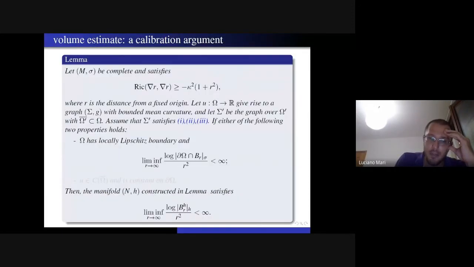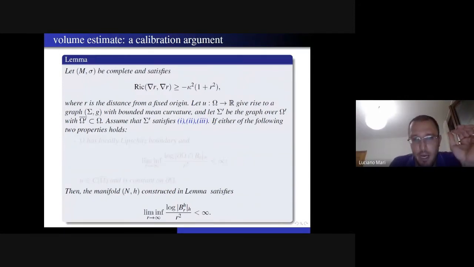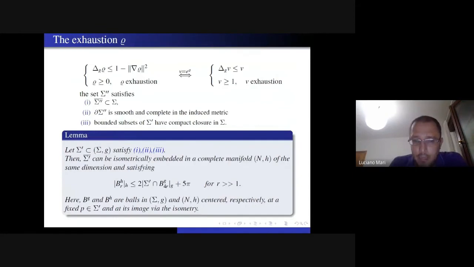And the second lemma is the following. So I'm sorry, I go back. We can estimate the volume of a ball in our complete boundaryless manifold, this complete manifold NH has no boundary, in terms of balls of the graph over sigma prime.